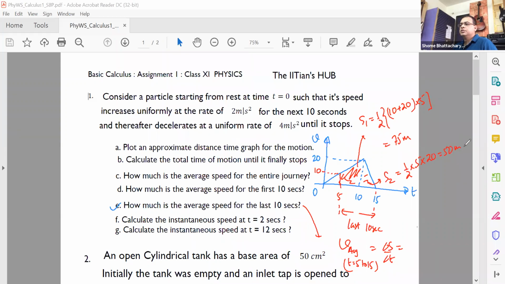So that is 50 meters. So the total displacement will become S1 plus S2, so 75 plus 50, divided by the total time, which is 10 seconds. So you can see 12.5 meters per second is the average speed.